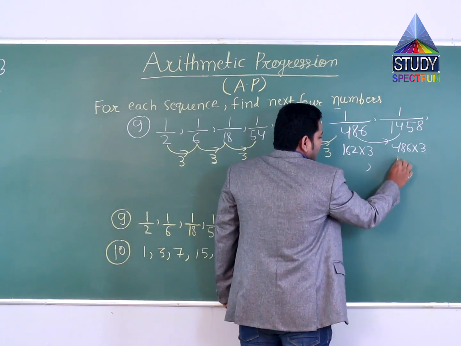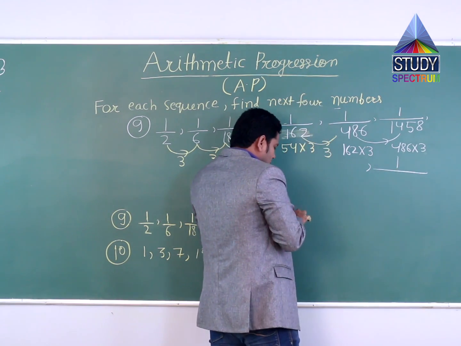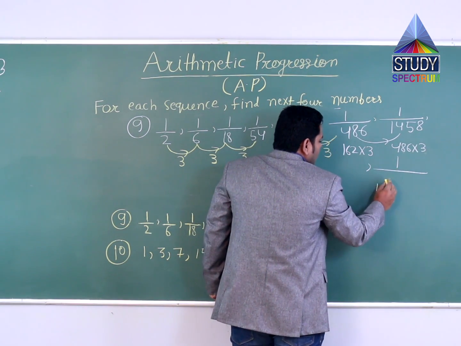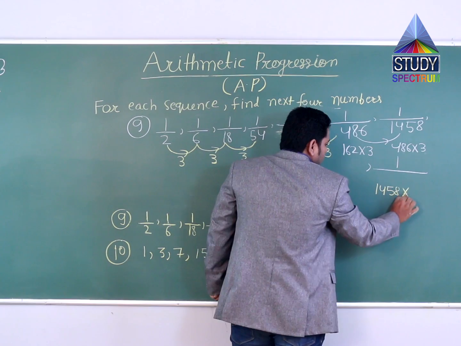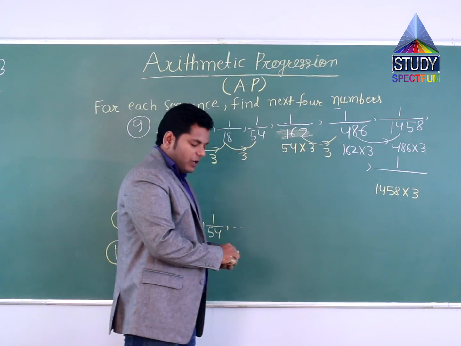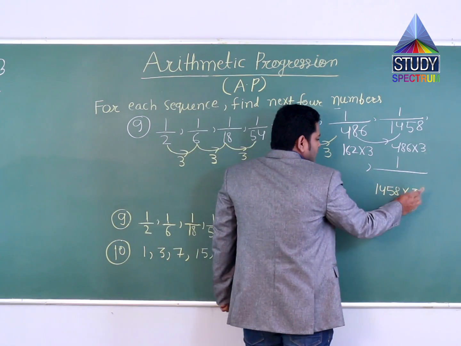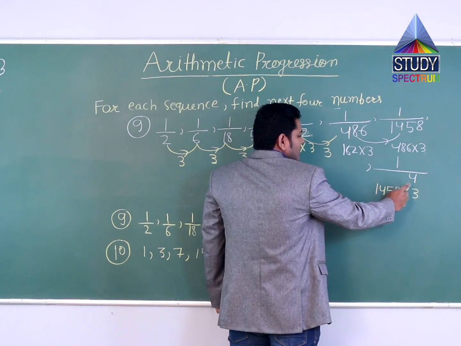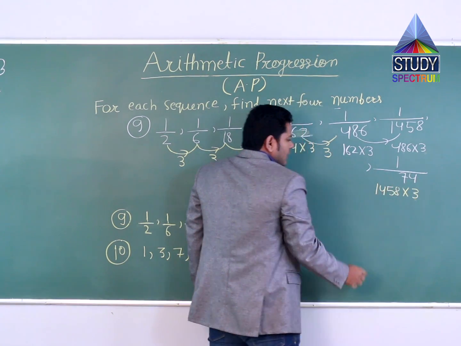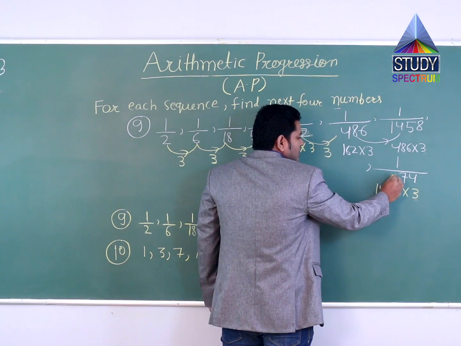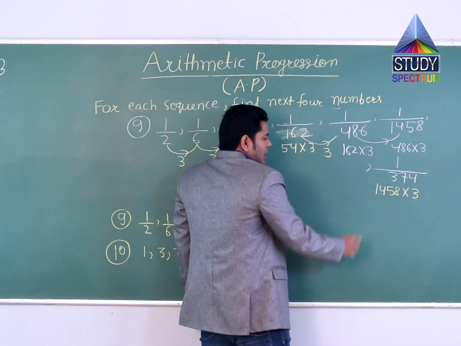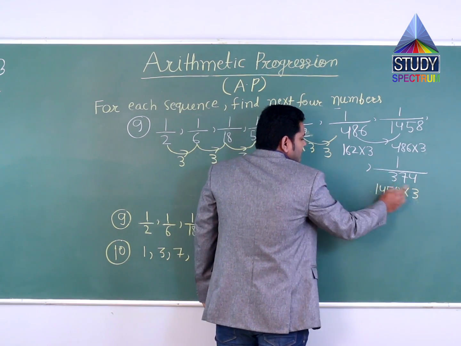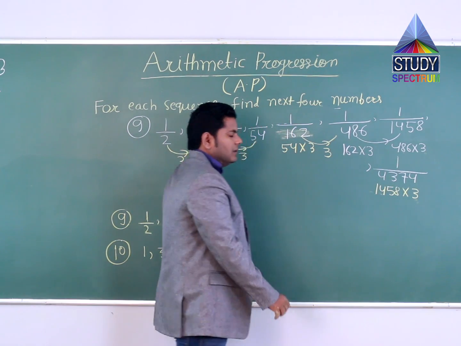Next one will be 1 by, the denominator will have 1458 into 3, and what will it be? 8 into 3 is 24, 5 into 3 is 15 plus 2 is 17, 4 3 is 12 plus 1 is 13, and 1 3 is 3 plus 1 is 4.